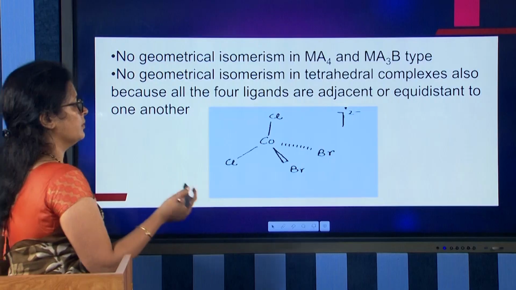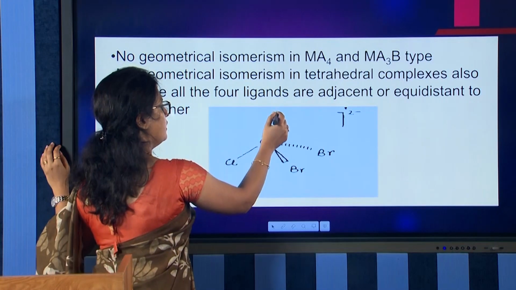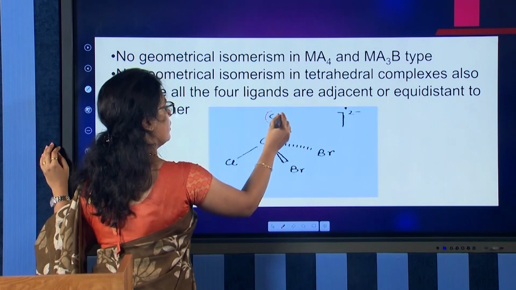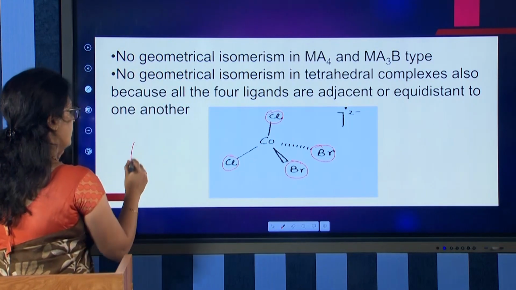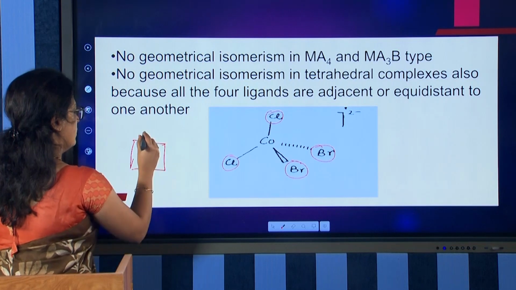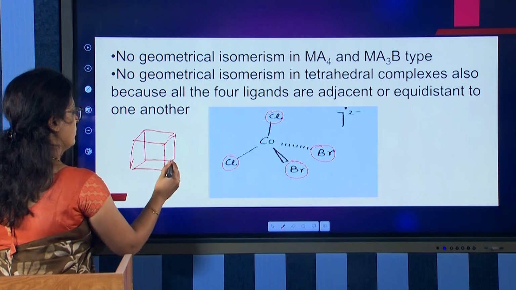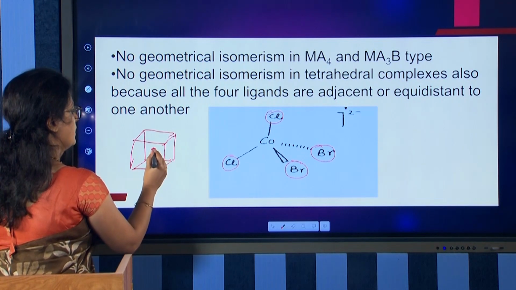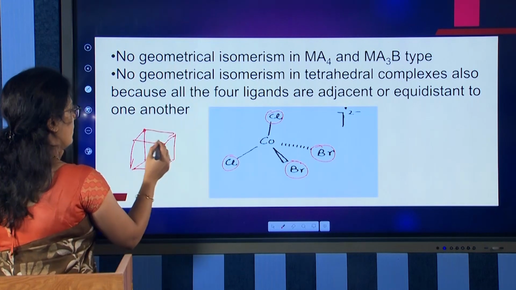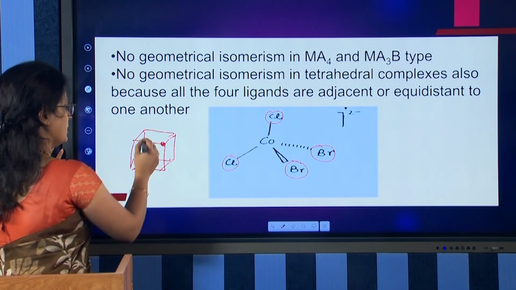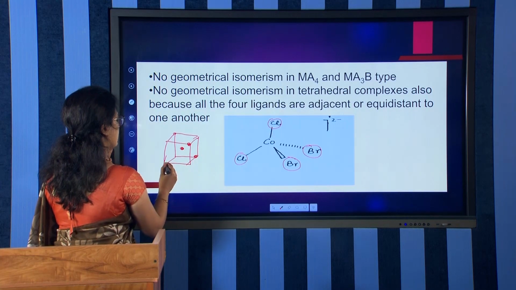So, you can't say this is a cis isomer because these 4 are at the corners of a cube. This is the central metal atom and one ligand is here, one ligand is here and another ligand is here, another ligand is here.